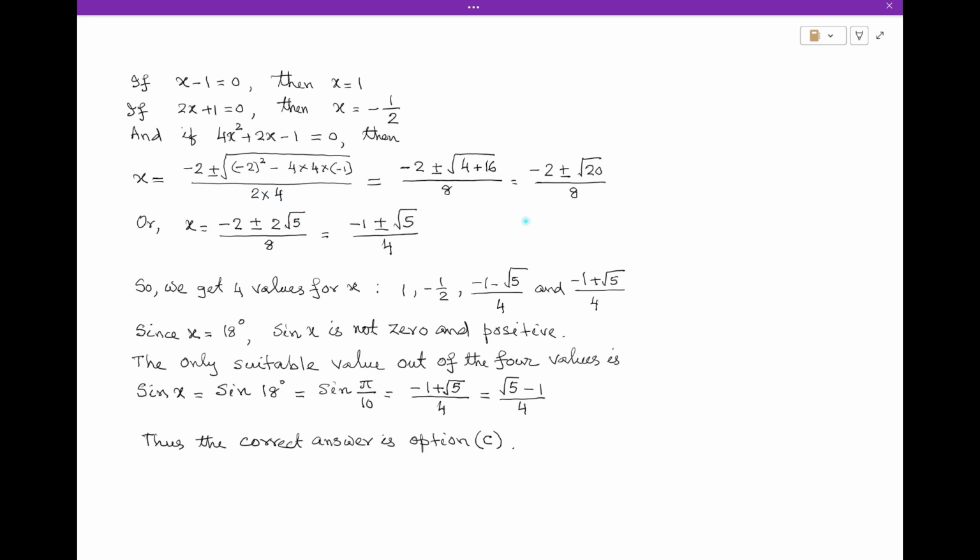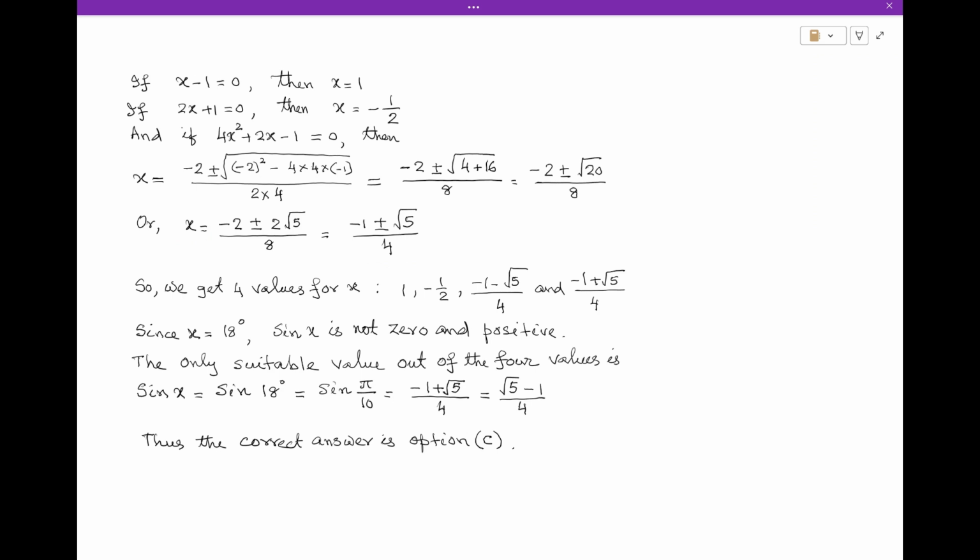and if we simplify that, that becomes minus 2 plus or minus square root of 20 divided by 8, or x is equal to minus 2 plus or minus 2 square root of 5 divided by 8, and if you cancel out 2 from the numerator and denominator, we get x is equal to minus 1 plus or minus square root of 5 divided by 4.